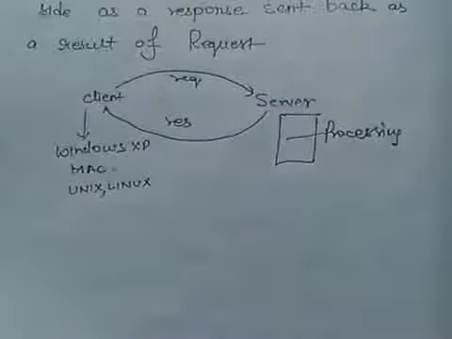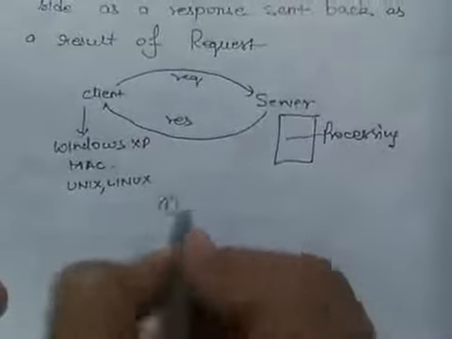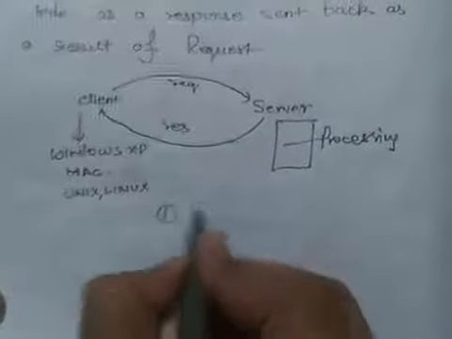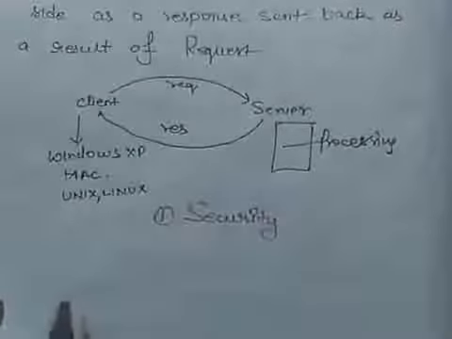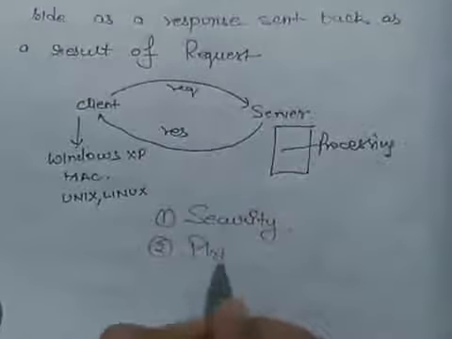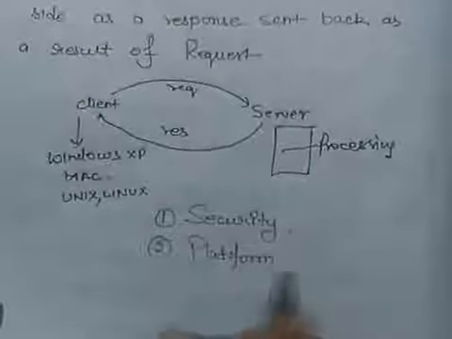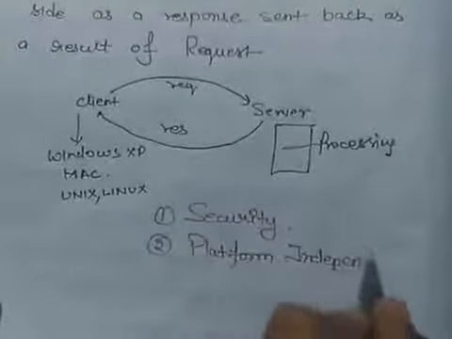Now, we have two problems of internet programming. Number one is security, and number two is platform independency.